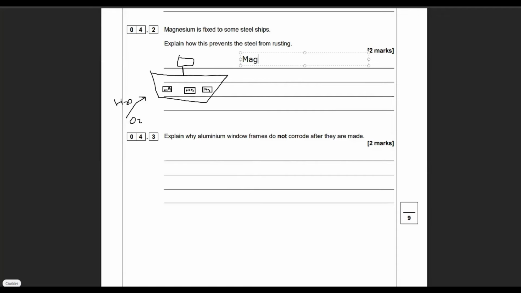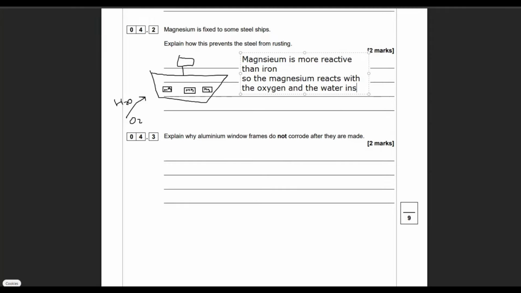So what we want to say is magnesium is more reactive than iron. So the magnesium reacts with the oxygen and the water instead.